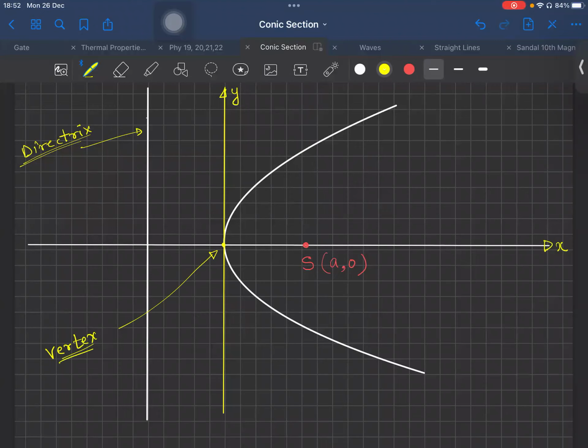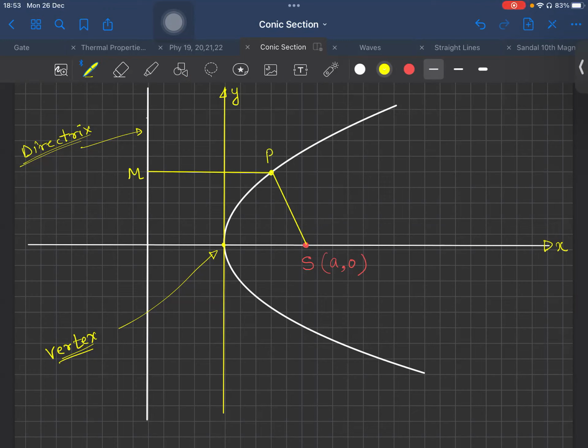Now, if you draw any line, according to the definition, from this point S to here, and a perpendicular line from here to here. Okay, so if this is M, this is, let's say, that point P, and this point is S.